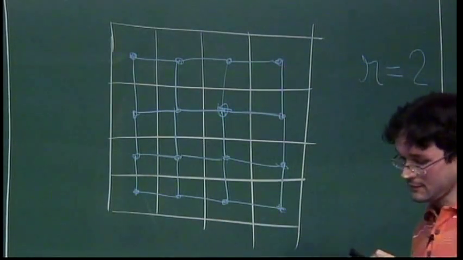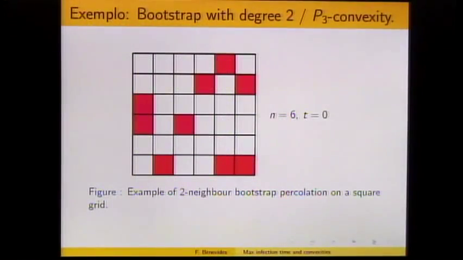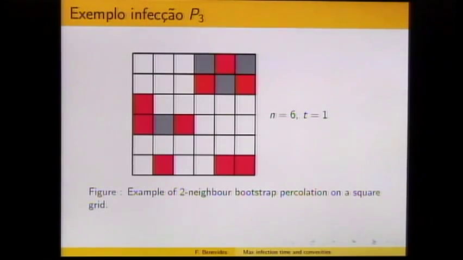And the red ones, let's say, are an example in which the set S0 consists of those red guys. Your infection will start to spread, so you look at some square. If it has at least 2 infected neighbors, at step 1 it will get infected. And then, again, you look at the uninfected guys.